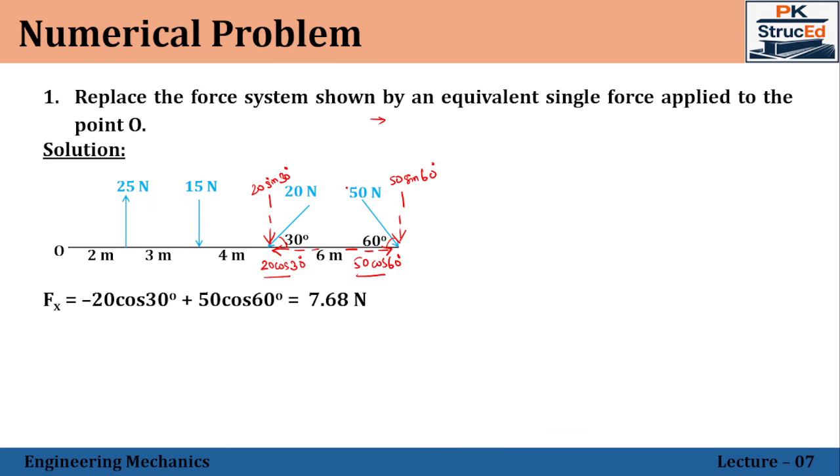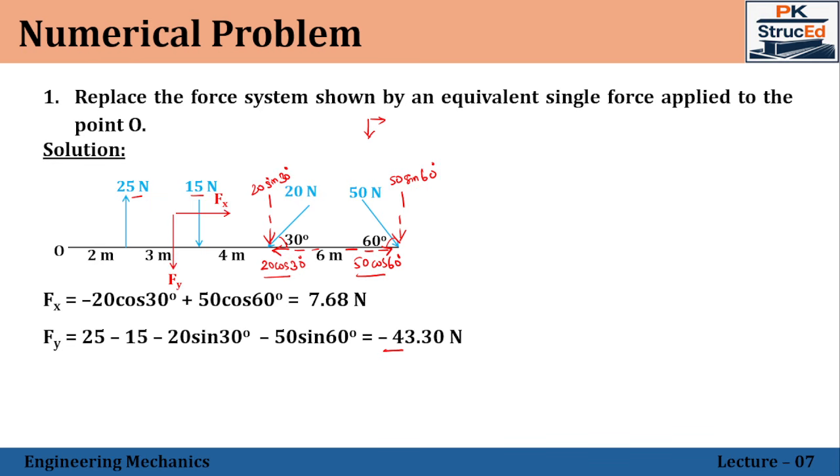Now let us move to the vertical forces. The sum of Fy: 25 is acting upwards, so positive, 15 is acting downwards, negative, and then these two vertical components are acting in the downward direction. So minus 20 sin 30, minus 50 sin 60. So you are getting the net value as negative, which means the summation of Fy will be acting in the downward direction.